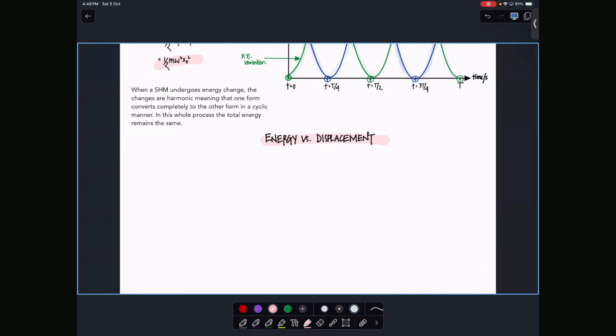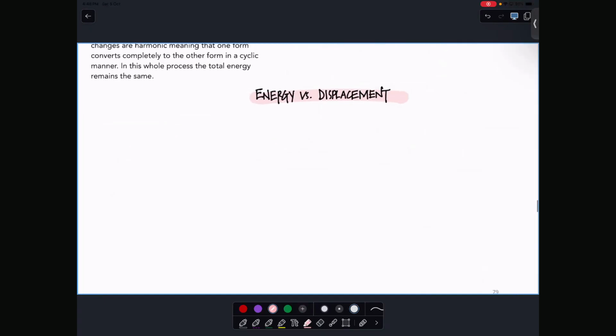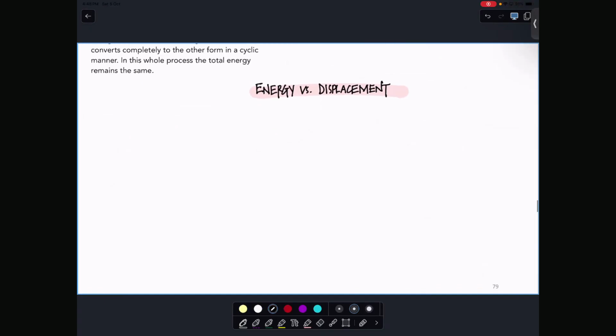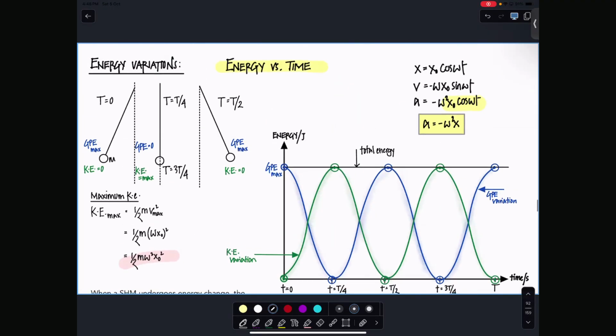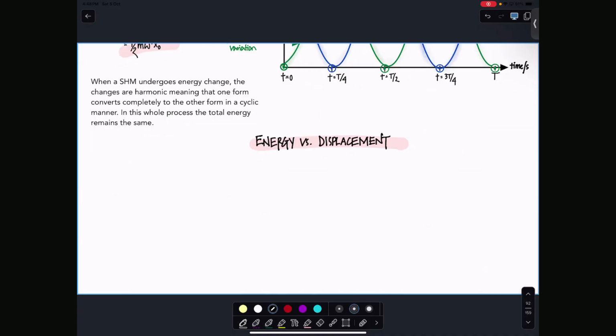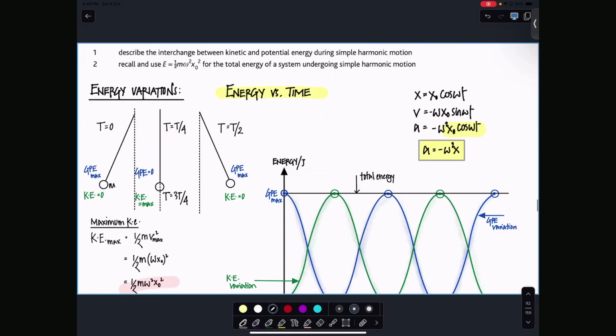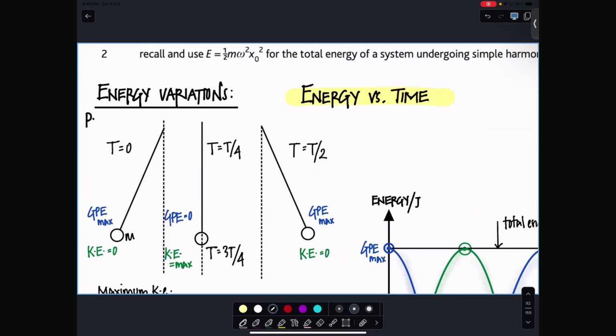Okay, so how does a graph for energy versus displacement look? For variation and a different approach, we will not take a pendulum system. We will take a mass spring system. This first example that I showed was a pendulum system.